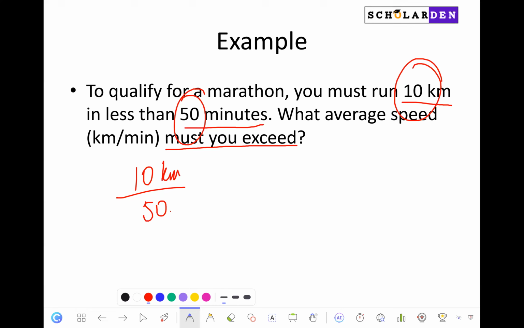How should we go about this? If we simply do something like this, let's say we were to do 10 kilometers in 50 minutes, what we would want to do is say we divide this 50 into 10 equal chunks.